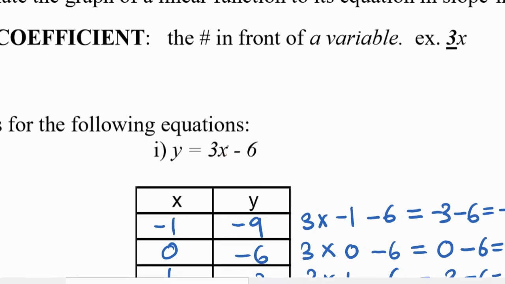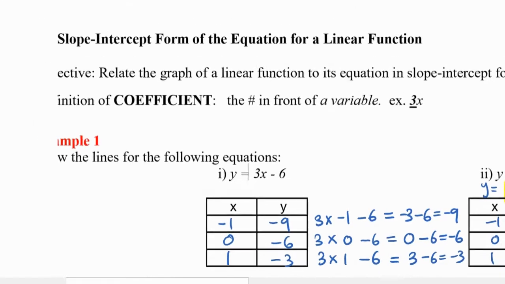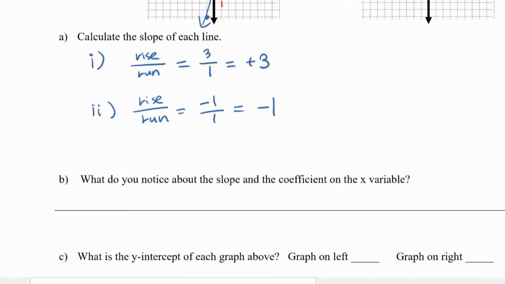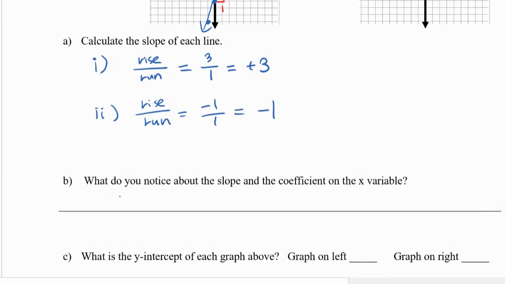First you find x and find the coefficient. Then the coefficient is the slope of the linear function. Okay? Next. So you say they are the same.